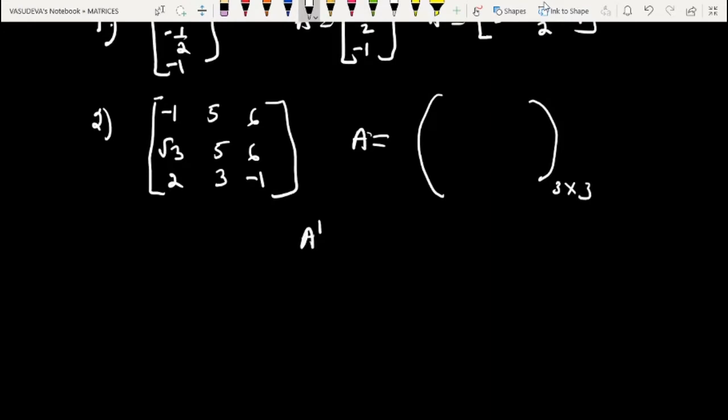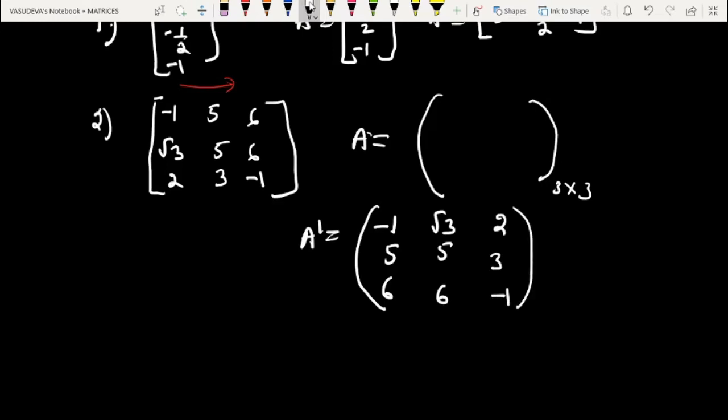Then A dash is the matrix changing the rows into columns. Rows ಅನ್ನ columns ಗೆ convert ಮಾಡಿದಾಗ, minus 1 5 6 root 3 5 6 2 3 minus 1.